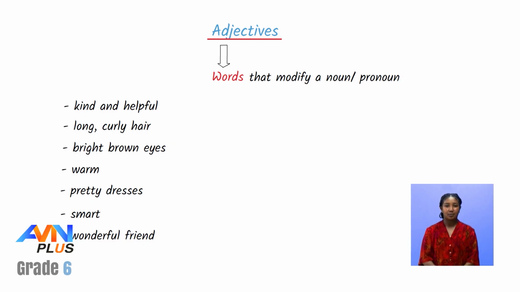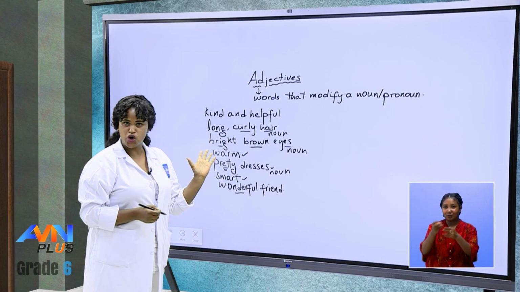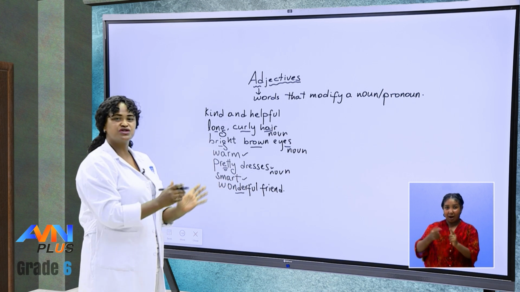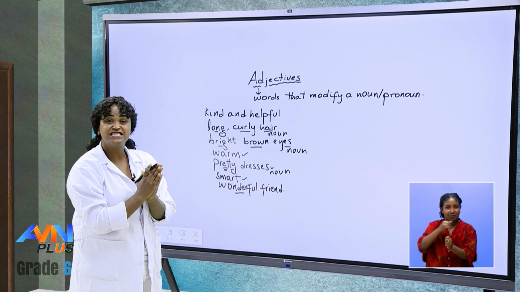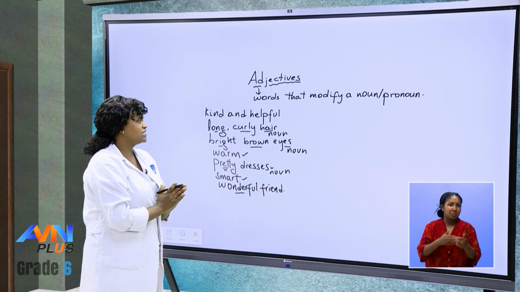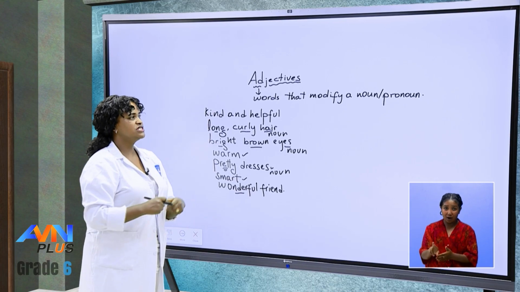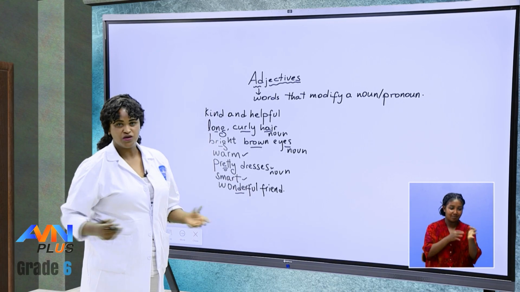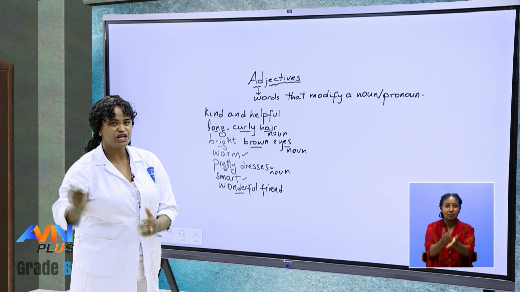Noun or pronoun, because as you can see from the short description of my friend, I was describing every noun so that you can identify my friend simply. Yes? So, adjectives are words that modify a noun. A word which gives you more information.